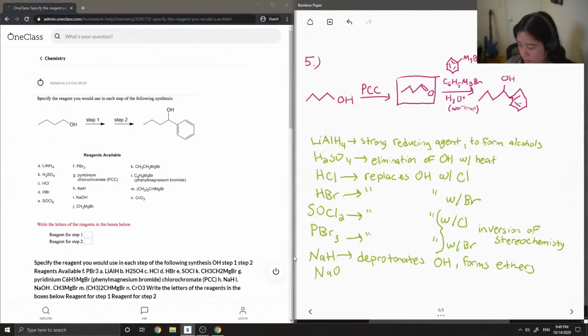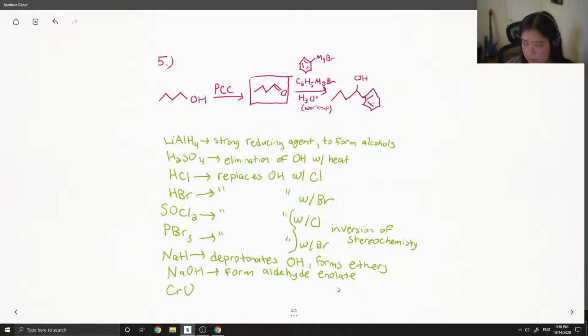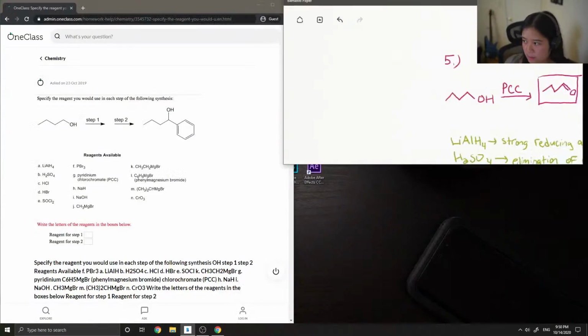The NaOH, it's also a base. It tends to form aldehyde enolates, and it does that by reacting with another molecule of aldehyde. So this is something called the aldol reaction. And I'm going to skip all those Grignard reagents, sorry.